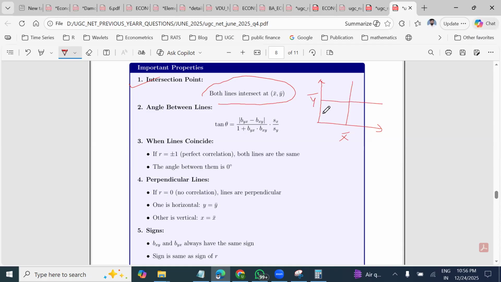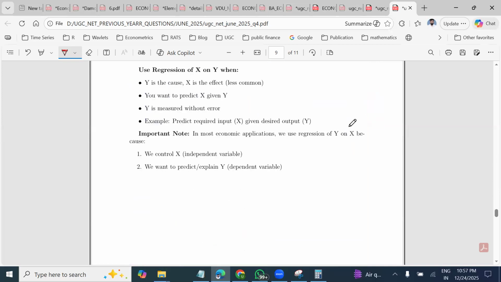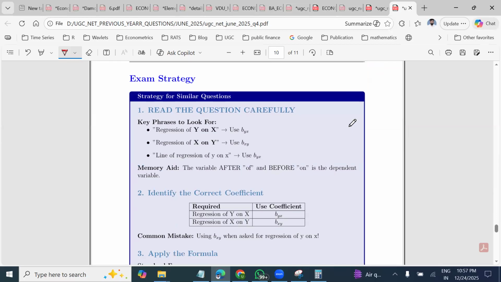But why are we cross-checking? When we put this value, means we are replacing x bar into the equation, if we are getting y bar, then definitely at this point your regression line is passing through x bar and y bar, na? Are you getting it, Sangeeta? Yes, sir. Okay. So read more on this.